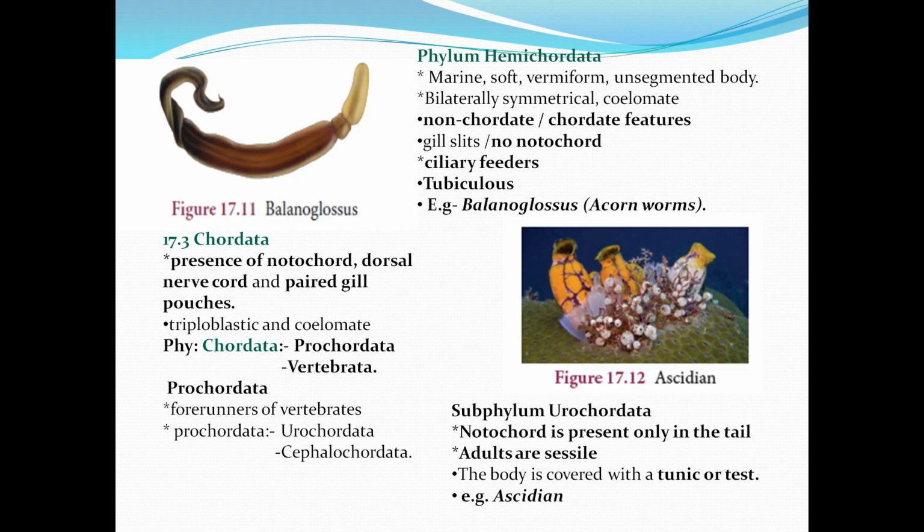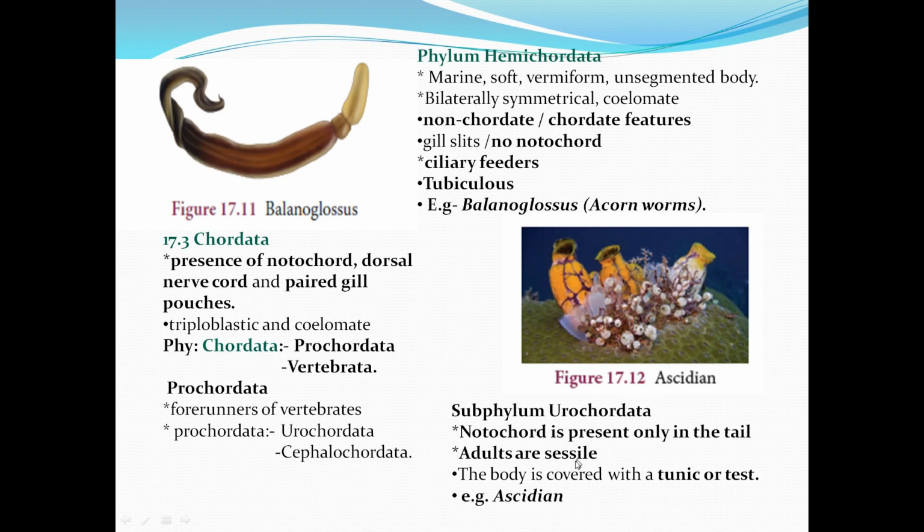The chordates are triploblastic and coelomate organisms, and the phylum Chordata can again be classified into Prochordata and Vertebrata. Prochordates are the forerunners of vertebrates, and these prochordates can again be subdivided into two subphyla, namely Urochordata and Cephalochordata.